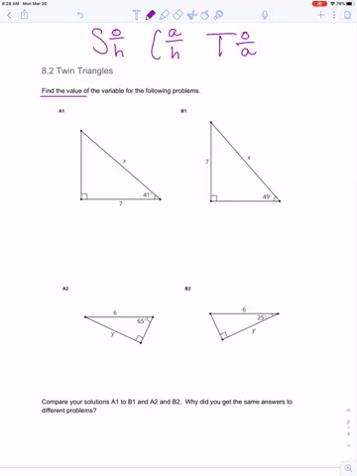Okay, for A1, we're given 41 degrees, and we're given the adjacent side. And we're looking for the hypotenuse side. So I like to go up here, adjacent and hypotenuse. So I'm going to be using cosine. So I have cosine of 41 degrees is equal to adjacent first, so adjacent is 7 over hypotenuse.